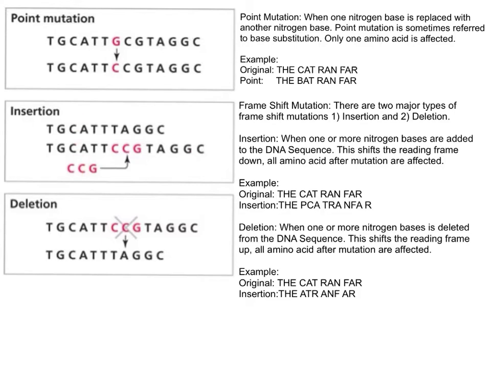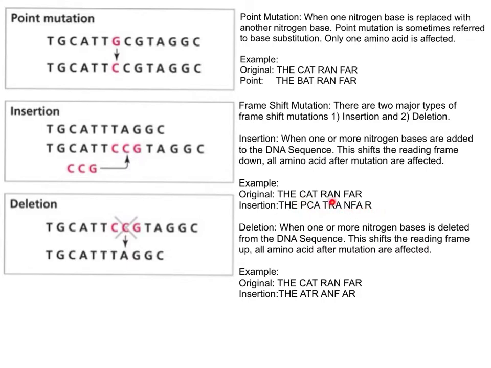So when I'm reading every 3 bases, all of my amino acids that occur after the mutation will be affected. So in the example here, we have the cat ran far. Now, since this is insertion, I inserted a P here. Now you can see that all of the words that come after this P are affected.